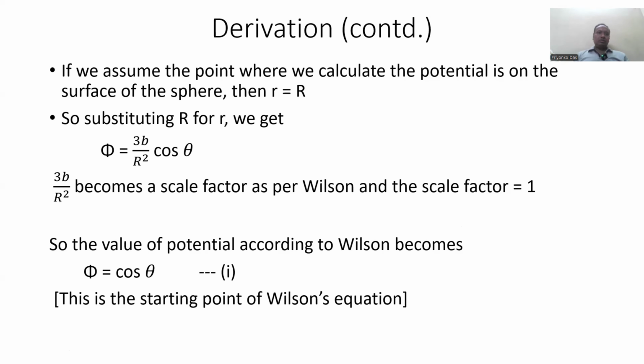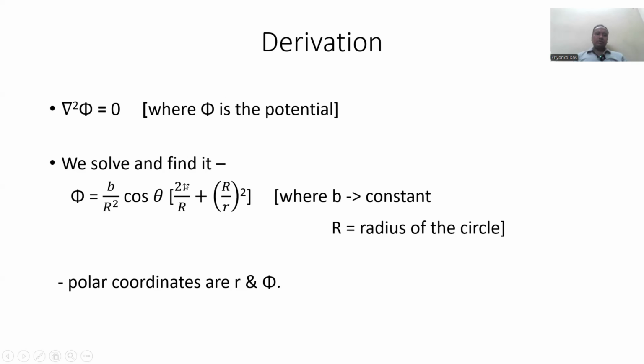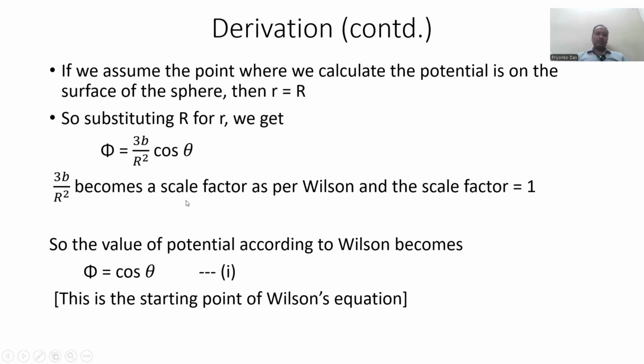Now if we assume that the point where we calculate the potential is on the surface of the sphere, then small r becomes capital R. As per our advantage, we calculate the potential on the surface of the sphere so that small r becomes capital R. Substituting, the expression becomes phi equals 3b over R squared into cos theta.